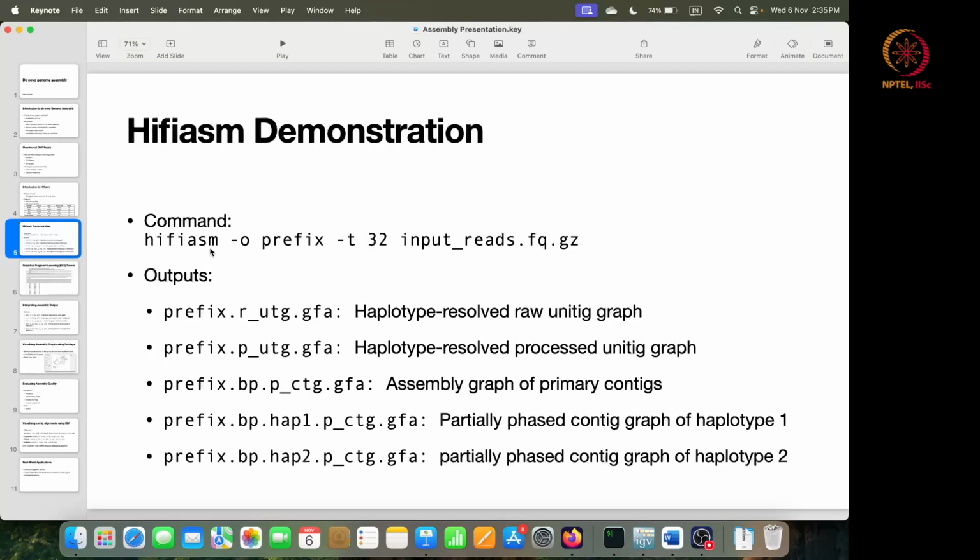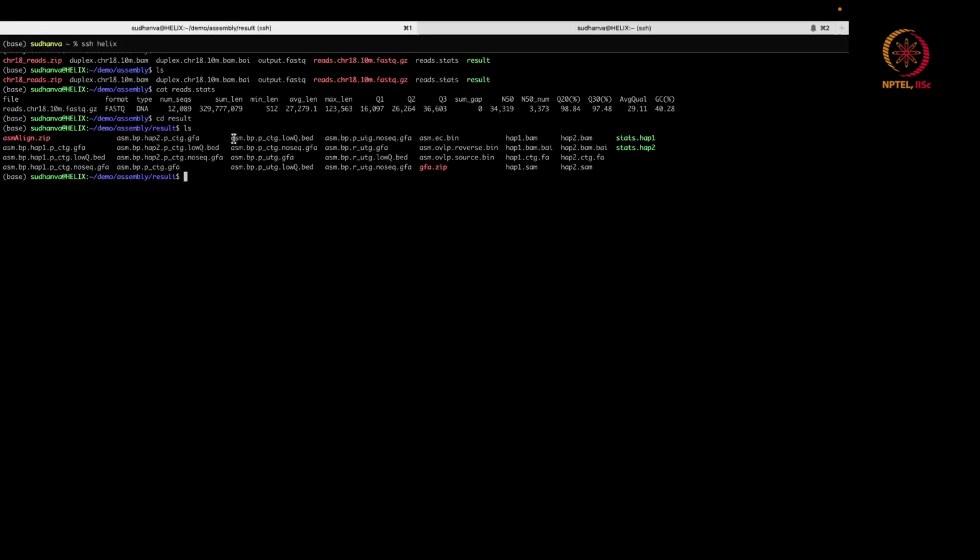We provide the name of the program, hifiasm. We provide a prefix for the outputs generated by hifiasm, that is passed as an input to this -o flag. So, over here I have used the prefix asm. For our purposes I will use the prefix test.